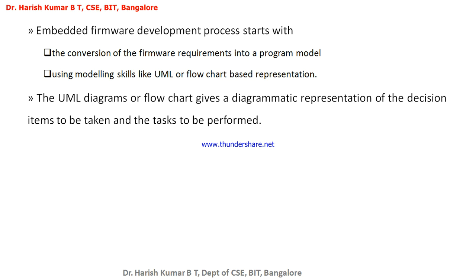So that is what you have to do first here. Whenever you have a firmware requirement, you have to convert it into a program model, and then you can go for using modeling skills like UML, that is unified modeling language, or flowchart based representation. This is what is required in order to start with the firmware development.